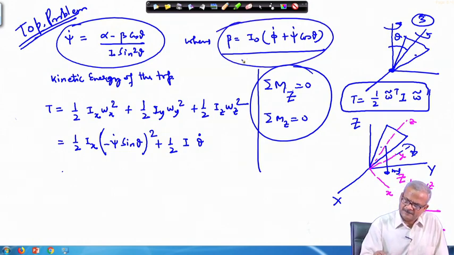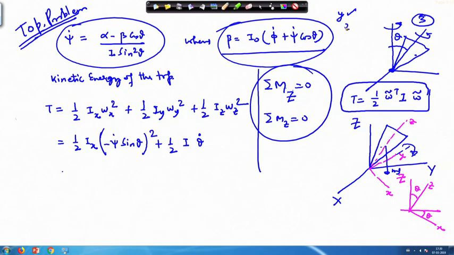This also applies here for the torque, because only along the y axis the torque is acting; along the small z axis there is no torque, and therefore this condition is satisfied. We got from the result I 0 times d by dt of phi dot plus psi dot cos theta equal to 0. So, this condition is also applied.